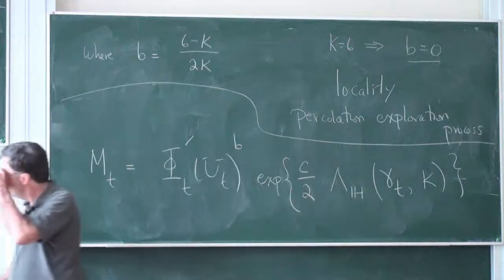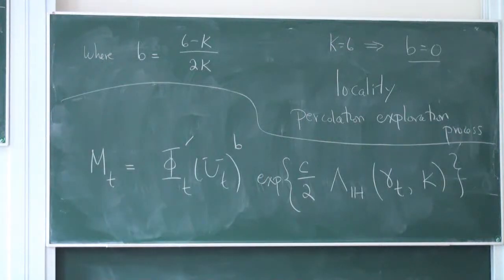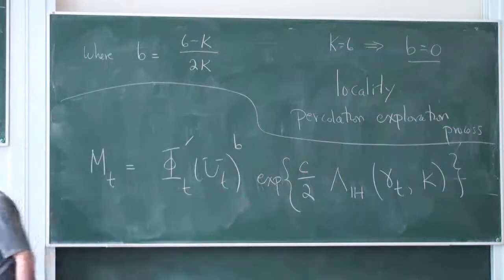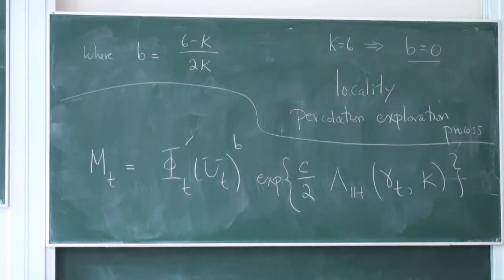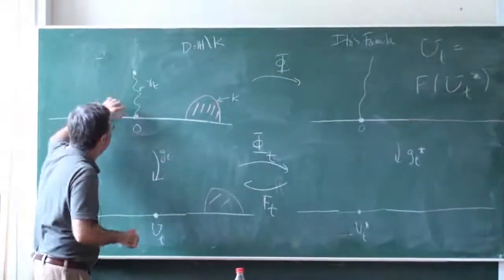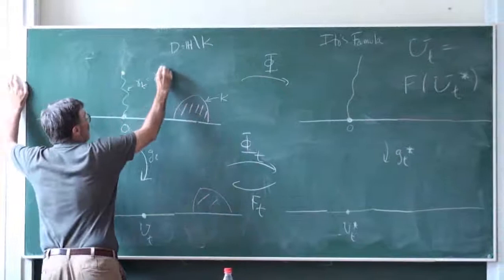Okay. So this is gamma t. Think of just gamma t as being the image. Gamma t is gamma 0 t.